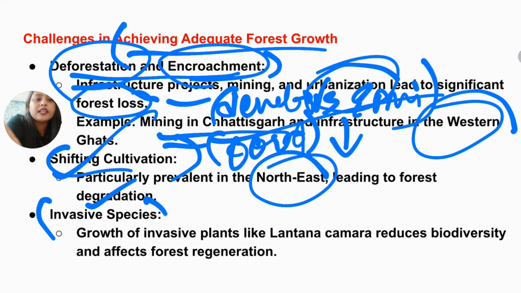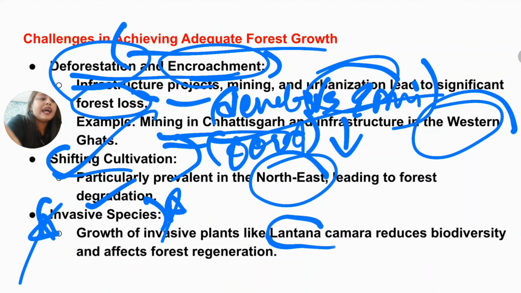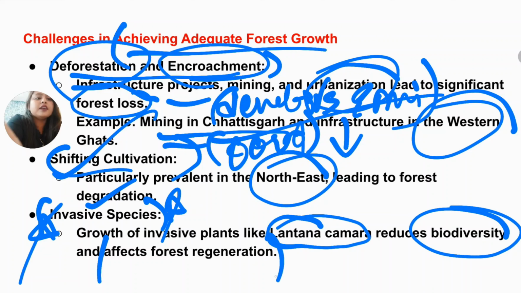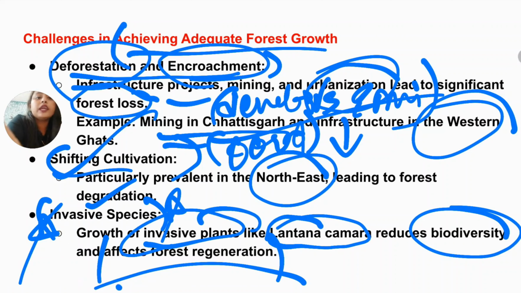And importantly, we say that people are globalized, but not just people, every other species is trying to globalize. So invasive species are also becoming a concern. One example is Lantana camara. This reduces biodiversity and affects forest regeneration. There are also invasive animals, which don't get accustomed to that particular climate, and they result in loss.